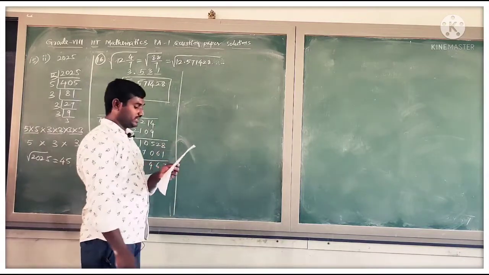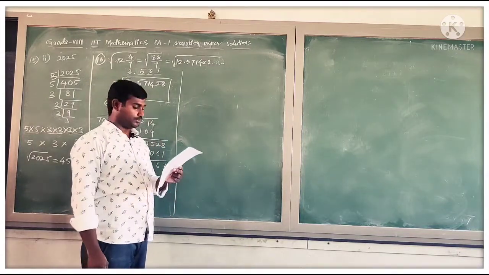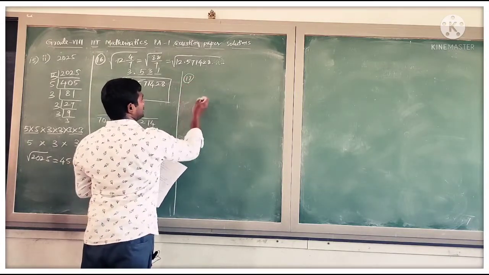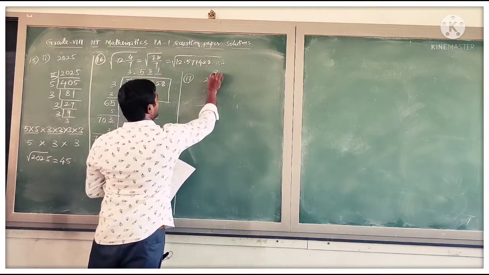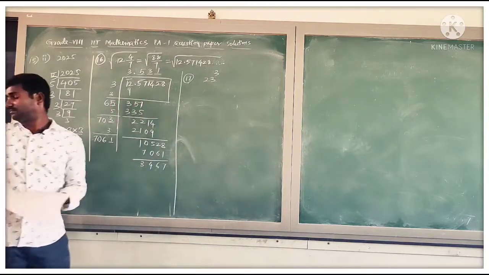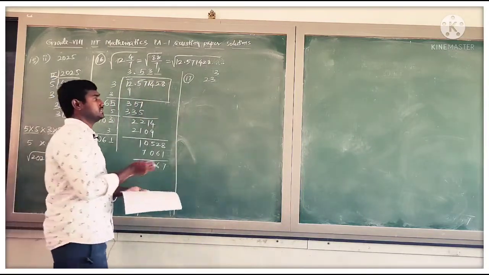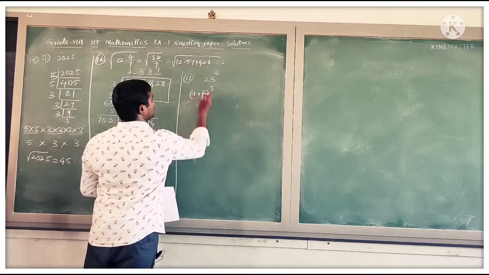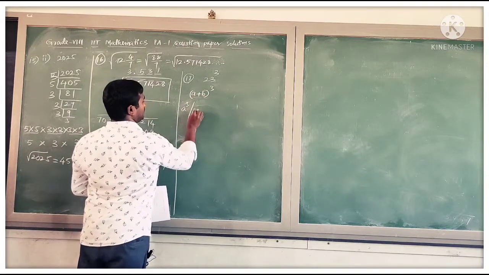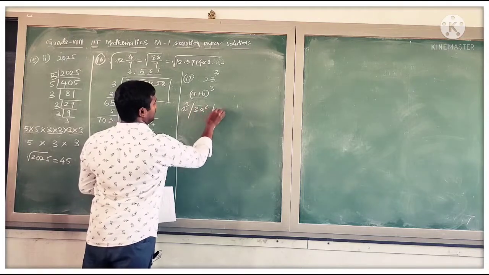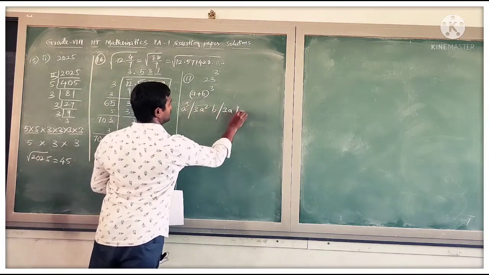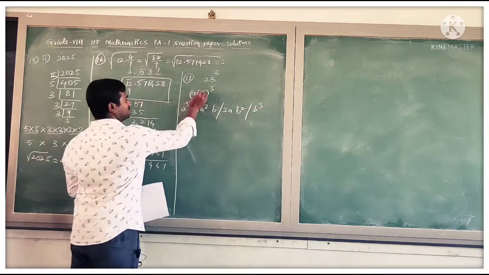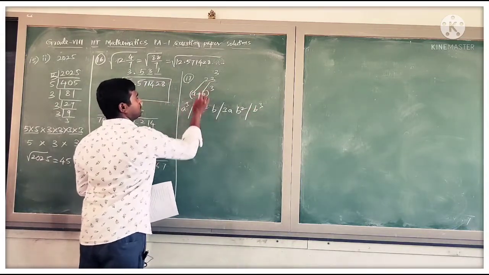So find the cube of 23 by using the column method. Yes, so we have the column method formula: (a plus b) whole cube we can write as a cube plus 3a square b plus 3a b square plus b cube, where a is 2, b is 3.